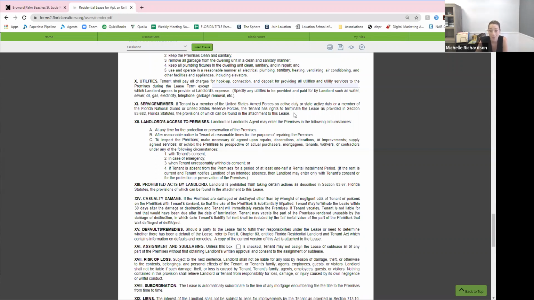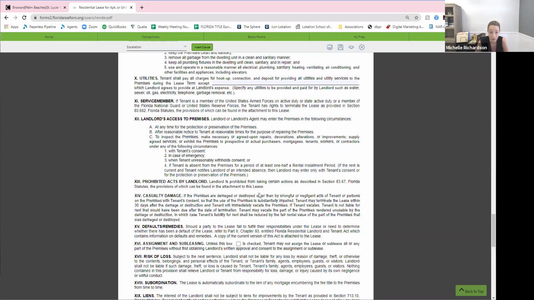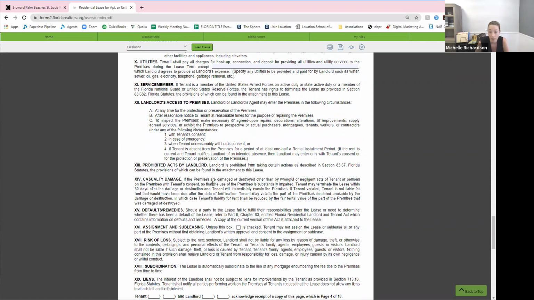So the landlord should be well aware that if this is somebody in one of these categories here, that lease could be terminated. They have the right to do so. Landlord and tenant receive security deposits back unless there's any damage to the property.